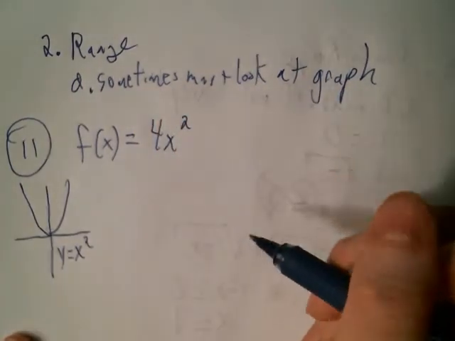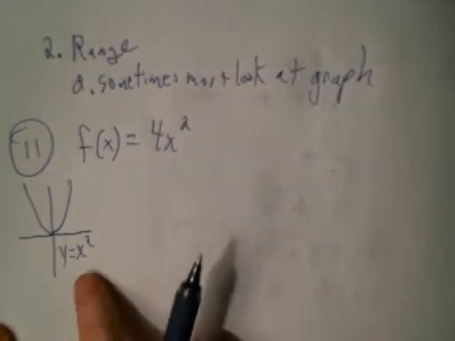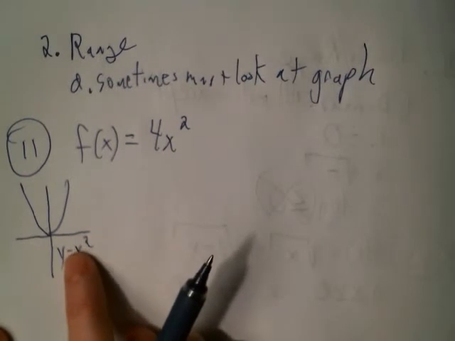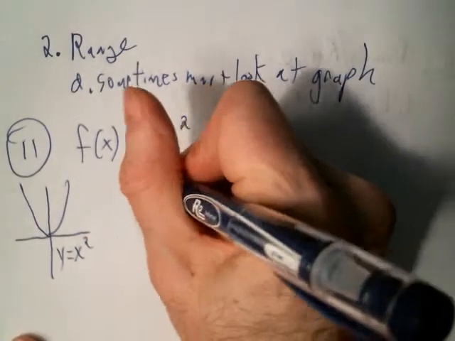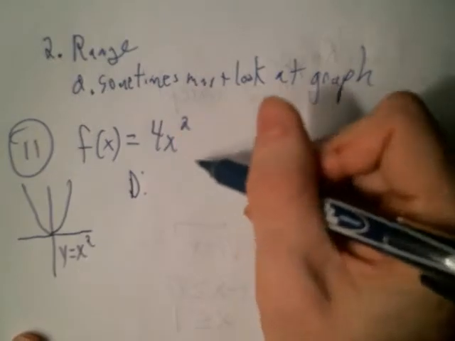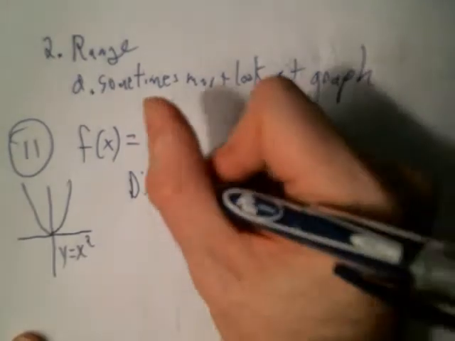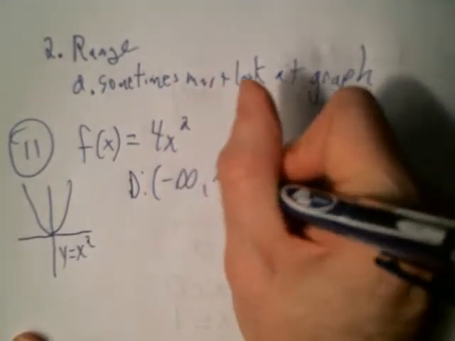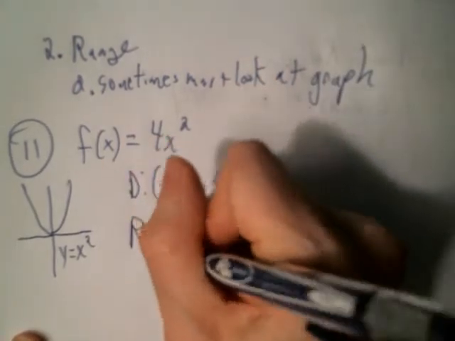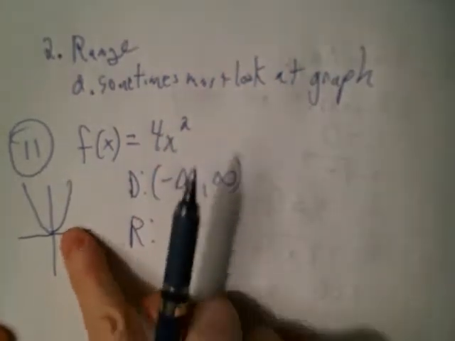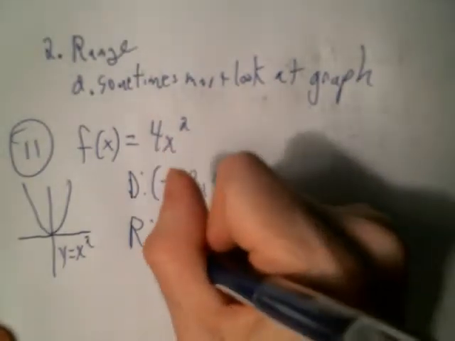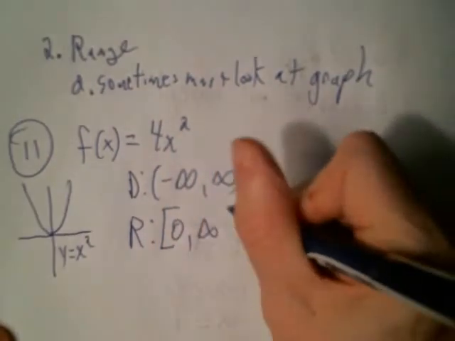So as far as domain and range goes, it will have the same domain and range as the parent function. Okay? So the domain, and there's no division by 0, there's no roots, there's no logarithms, so the domain must be all real numbers. Then the range will go from the vertex to infinity. Okay, so from 0 to infinity.